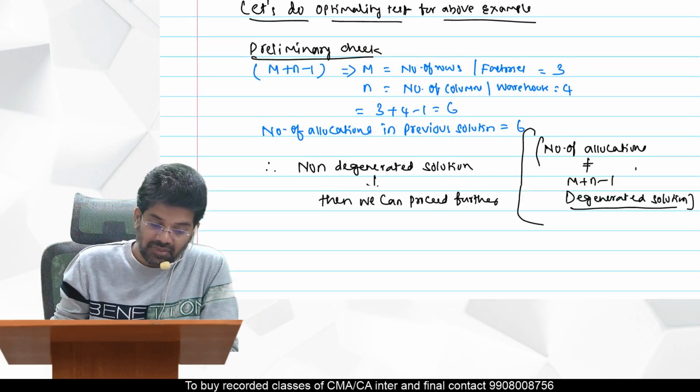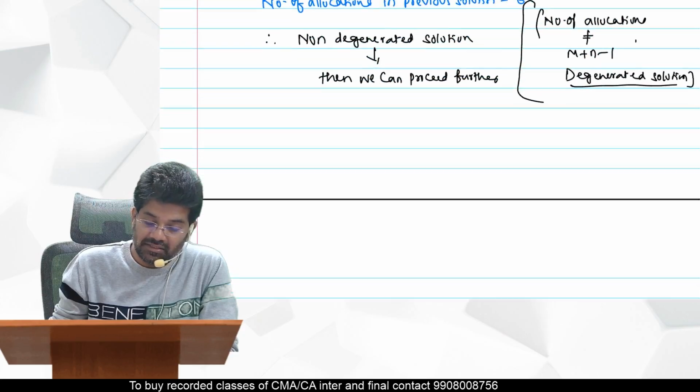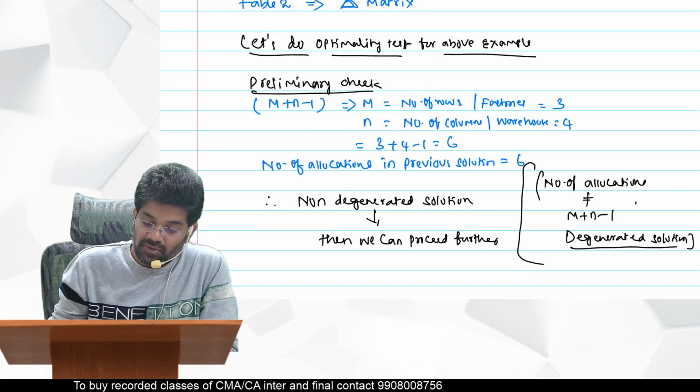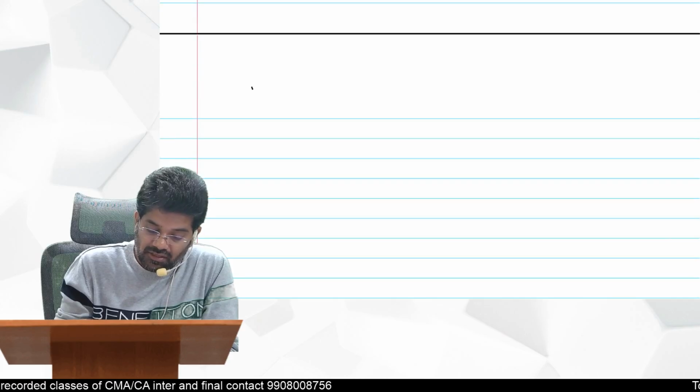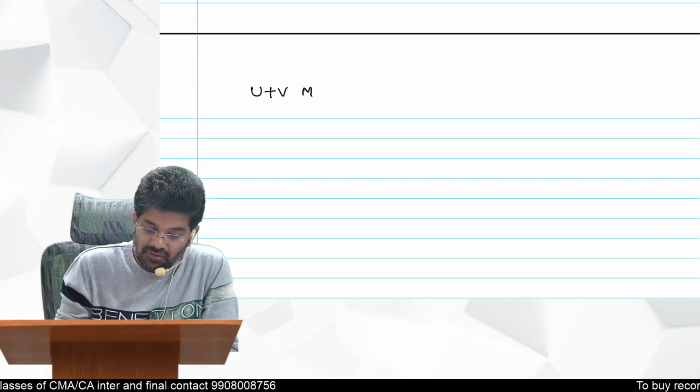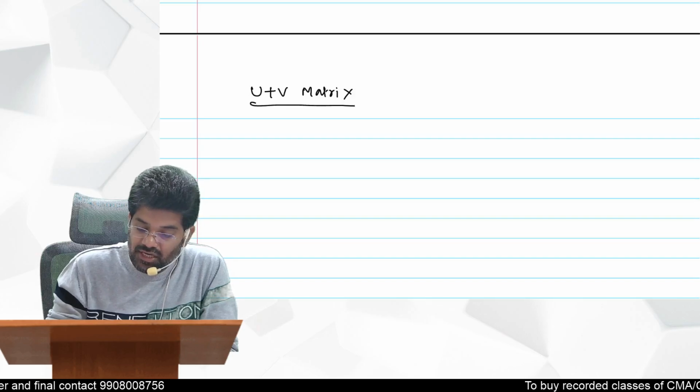Now let us prepare the U plus V matrix. One is the U plus V matrix we have to prepare, and the other one is the change matrix.